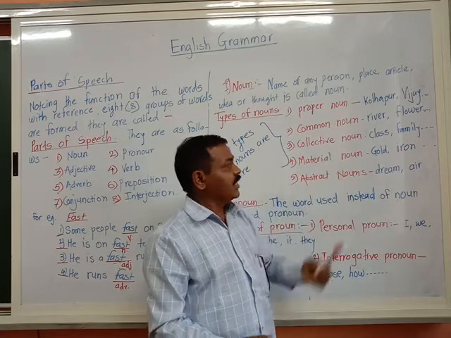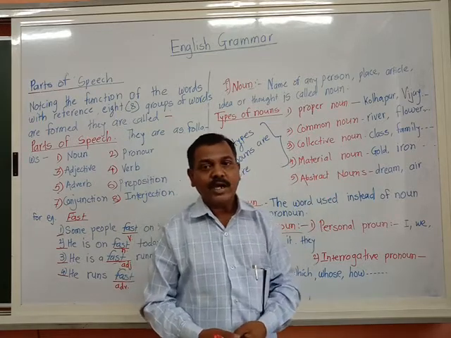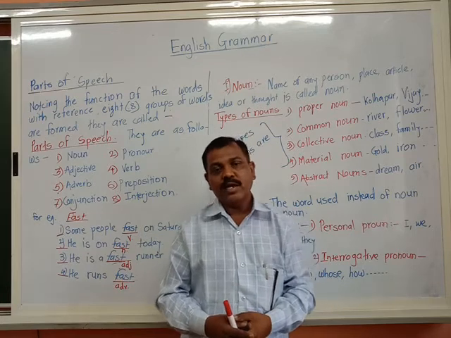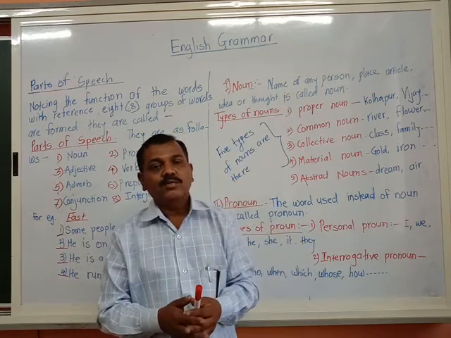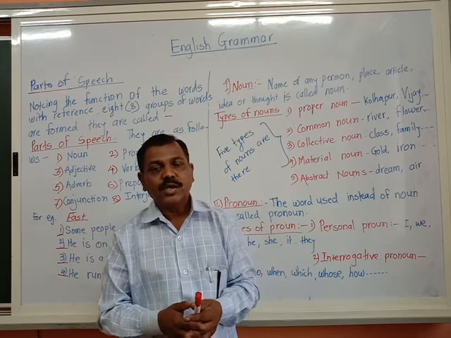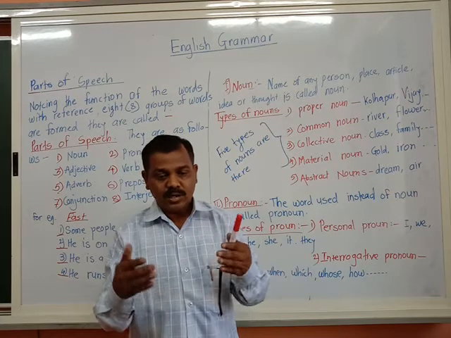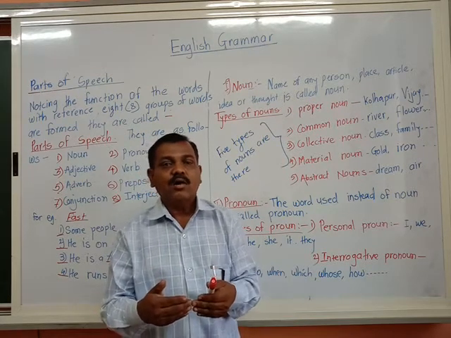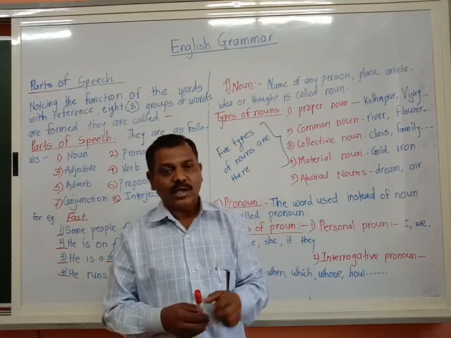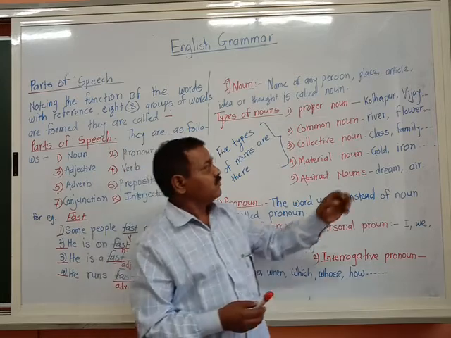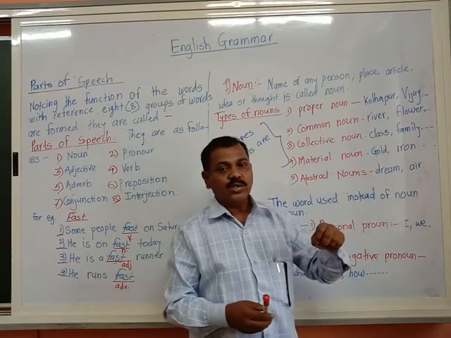Then the third, collective noun. Collective, that is collection. You will get the idea. Means when we pronounce any noun and that noun gives the idea of any group, actually the group comes before our eyes. See, the class means what actually?